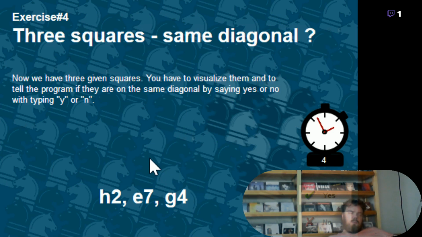H2 leads to B8. We cannot get from B8 to E7.